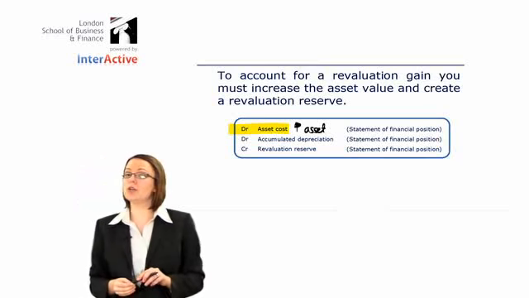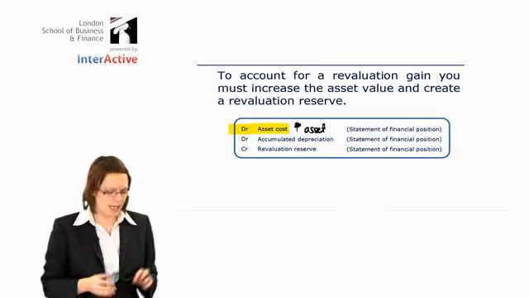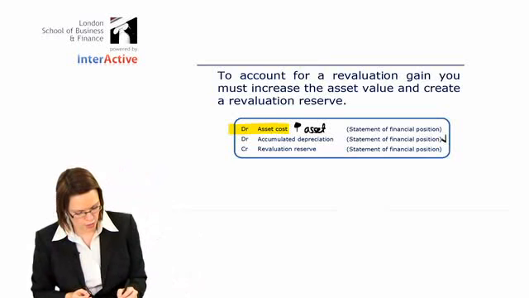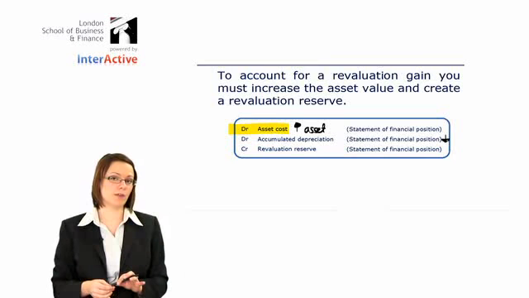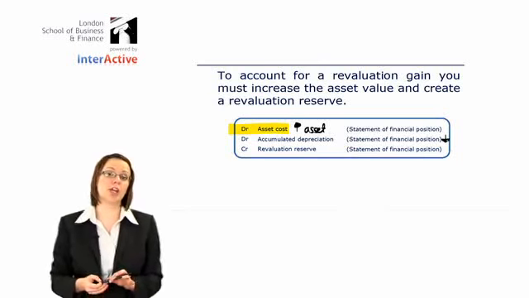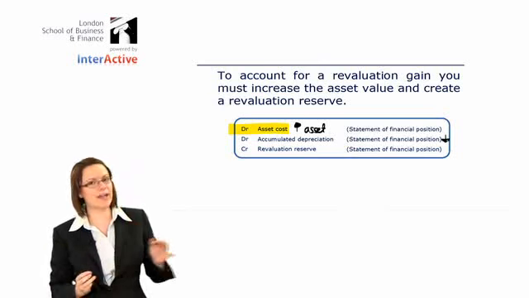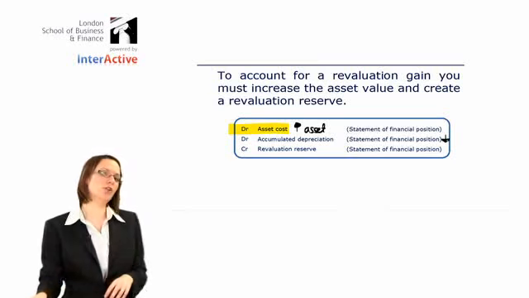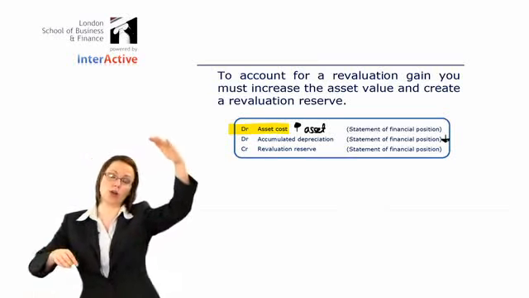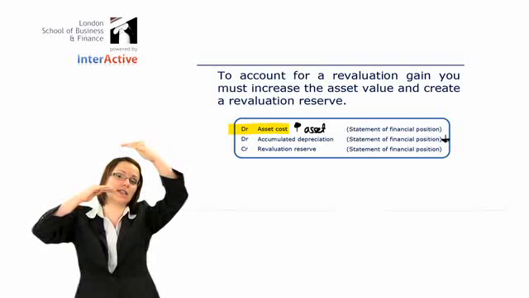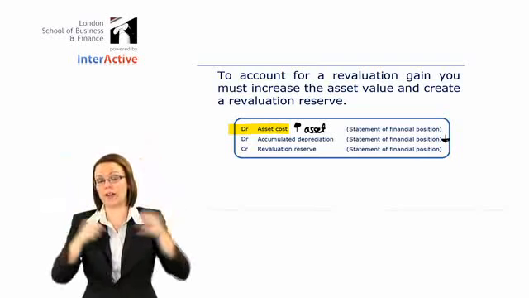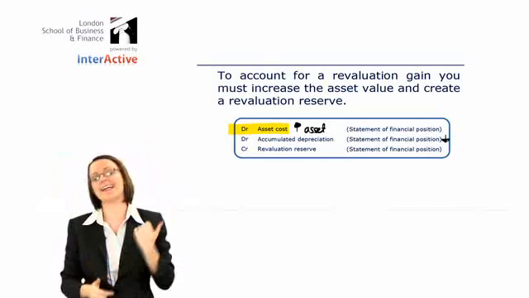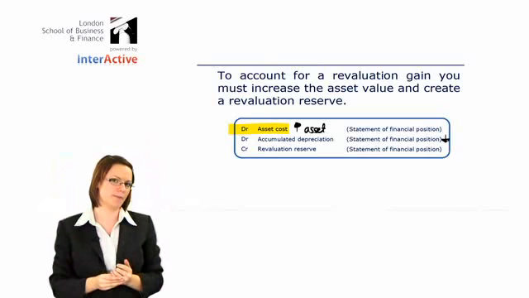What you then need to do at that point is to remove and decrease the accumulated depreciation account. Now, the accumulated depreciation account needs to be cleared down. So then when you take the cost, the new cost, minus the accumulated depreciation, which would be nil, then the cost would be the new valuation that you want to incorporate into your financial statements.